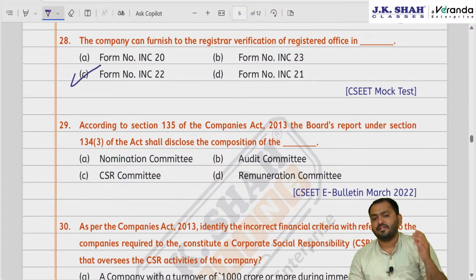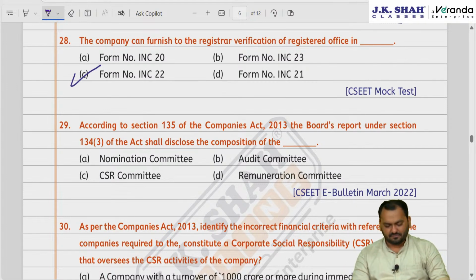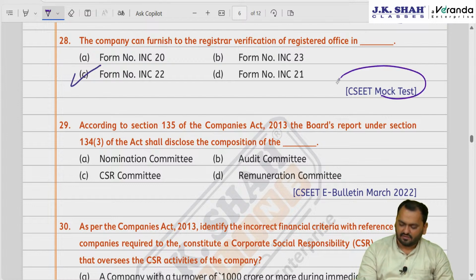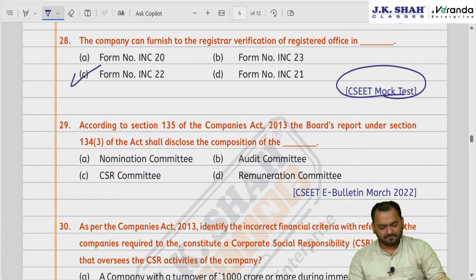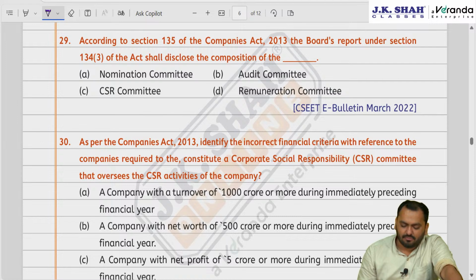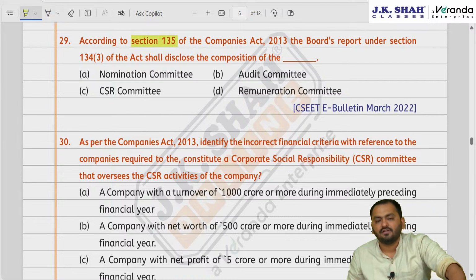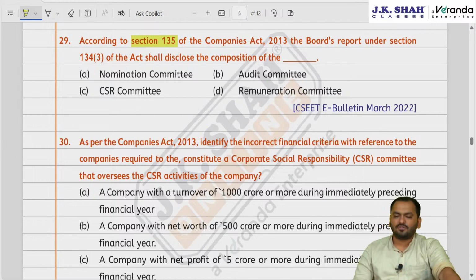And form 22 is always used for communicating the address of company or change in the address of company, right? So option C is the right answer. Even this was asked in CSET mock test, you can see. Next is, according to section number 135, what do you think friends? Come on, 135 talks about what? 135 talks about CSR activity, right?